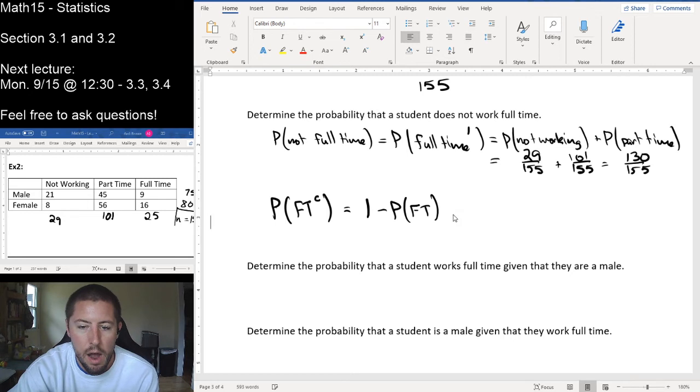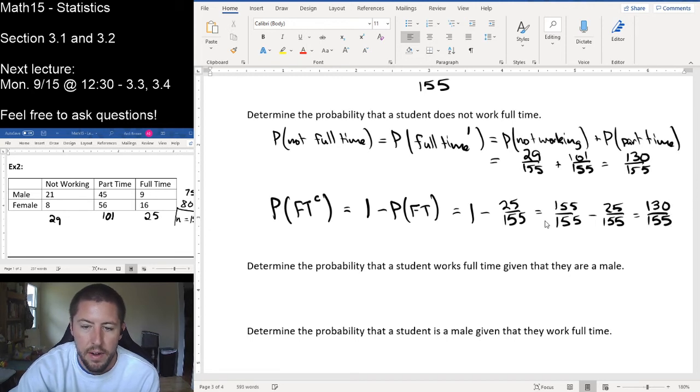What is the probability that we are full time? Well, that's 25 out of 155. And if we write that 1 as 155 over 155 and subtract off 25 over 155, then we land at 130 over 155, the same thing.